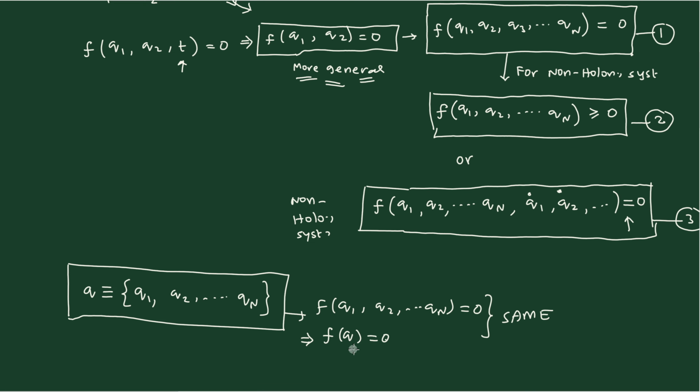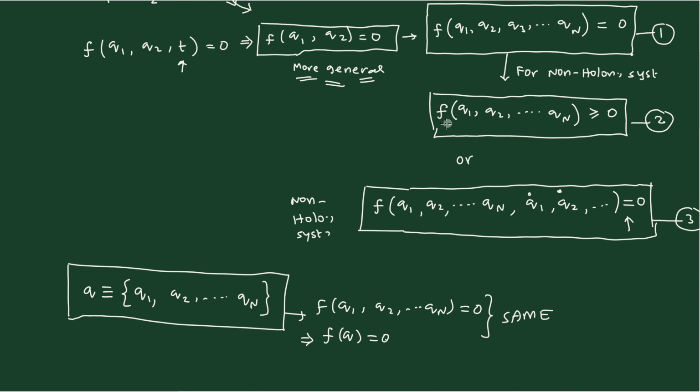Therefore, q doesn't mean a single q. That is what I wanted to tell. Rather, it means the set of all q's for a given system. It can be 2 q's or 3 q's or 300 q's. Whatever number, that many for a given physical system you will have to expand.